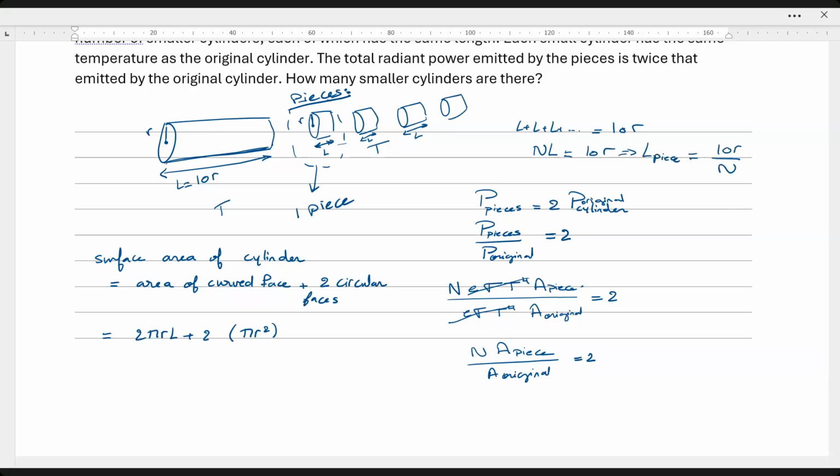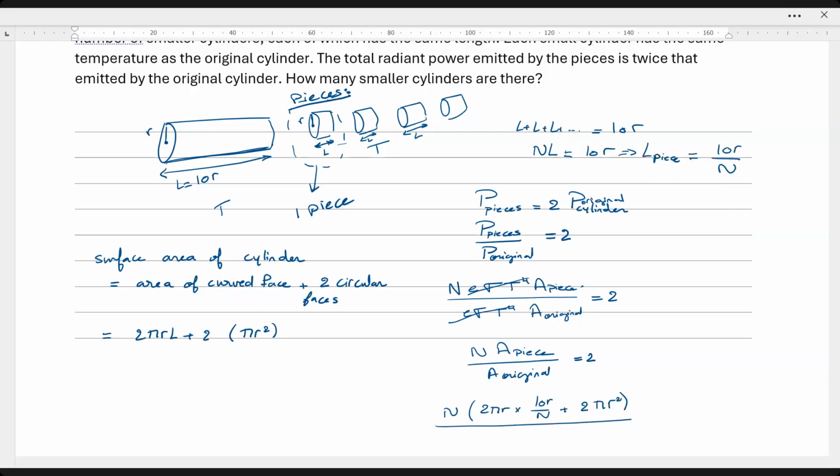So if I want to write the area of one piece, this is going to be n times the area of the curved face, which is 2 pi r times L. L is the length of one piece, which we just wrote as 10r over n, plus 2 pi r squared.